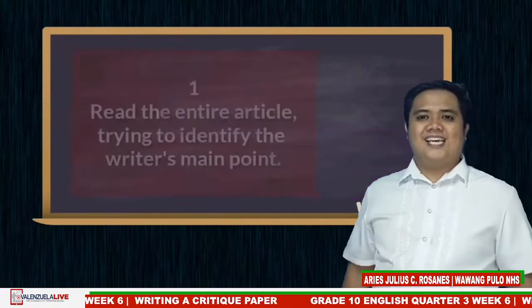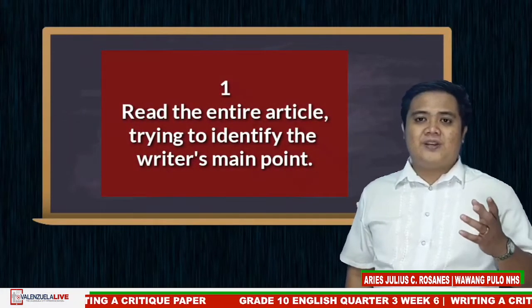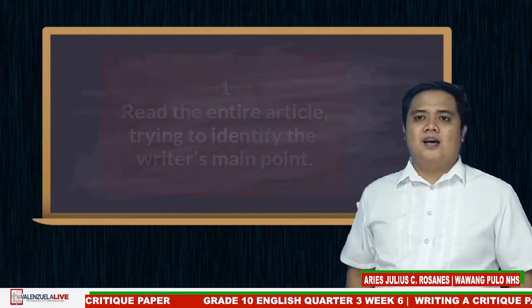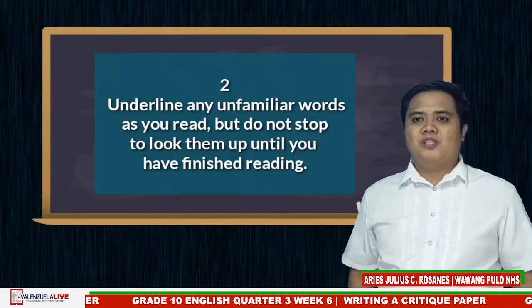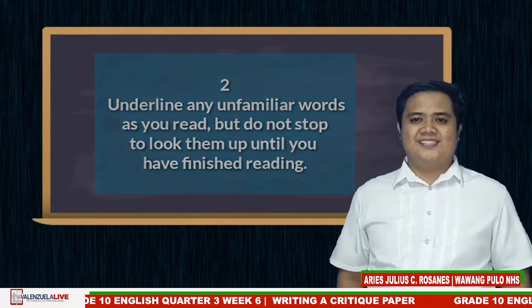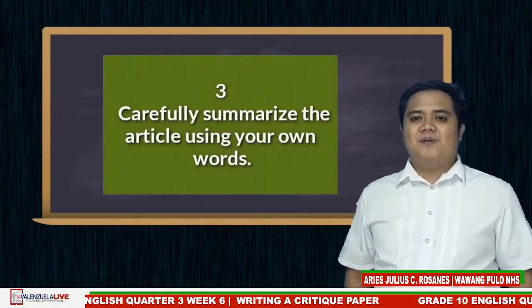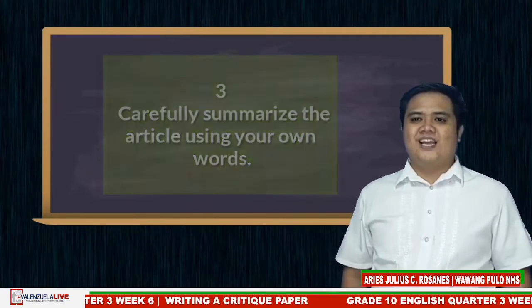Read the entire article, trying to identify the writer's main point. Underline any unfamiliar words as you read, but do not stop to look them up until you have finished reading. Carefully summarize the article using your own words.